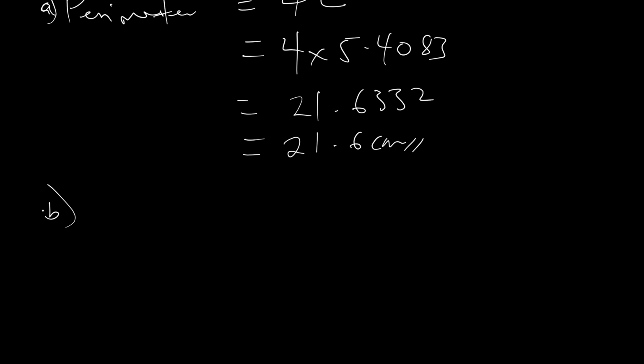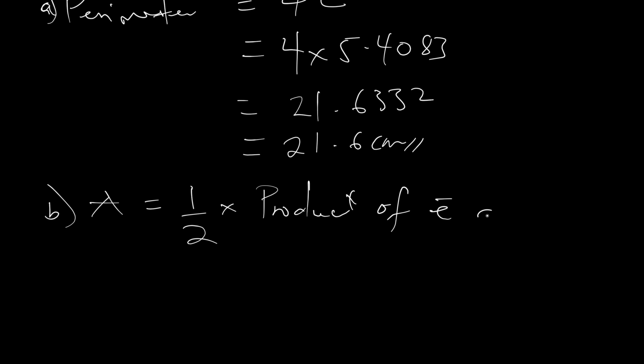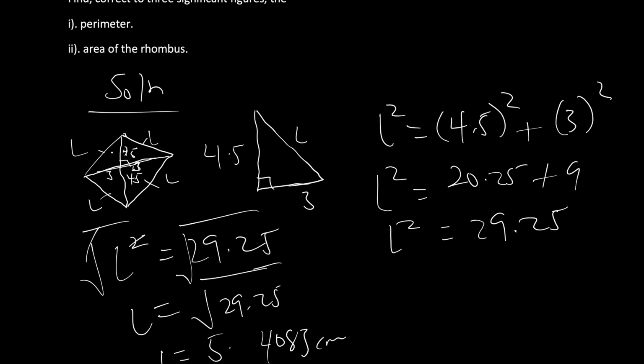Now we are asked to find B, the area of the rhombus. The area of the rhombus is equal to half times the product of the diagonals. From our diagram, this and this will be our diagonals.